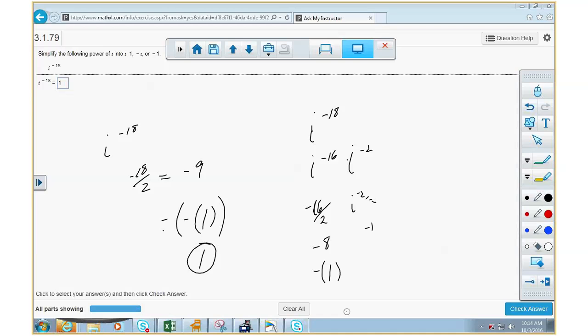So it would be positive 1 plus negative 1. 1 is a whole number, so that would be 1. This odd would be negative, which got a negative out front, which would be positive. So it's positive 1 times negative 1, which is negative 1.